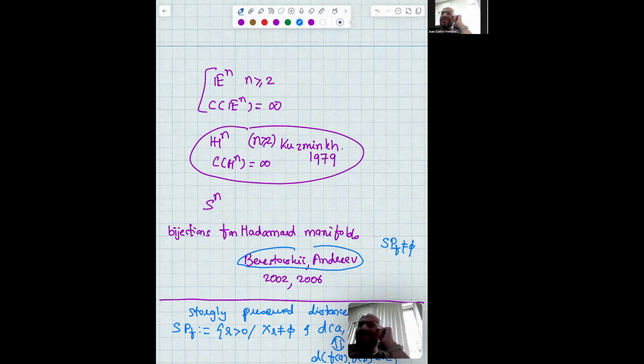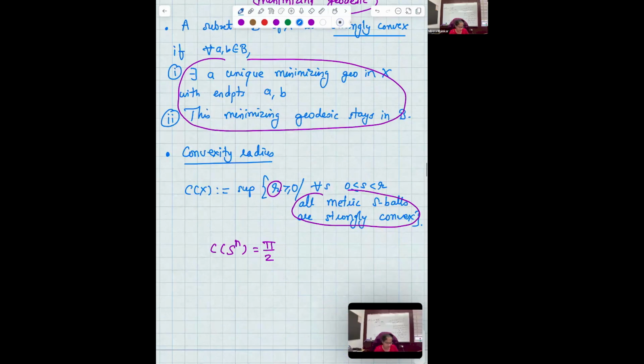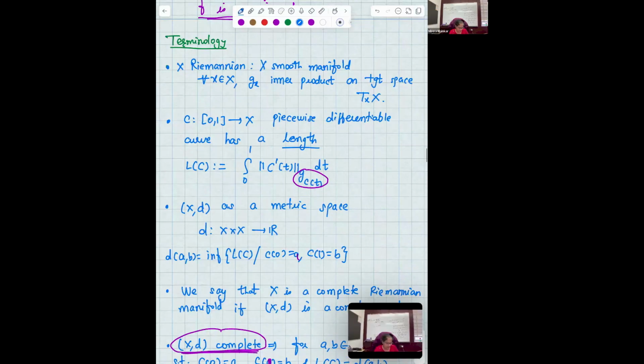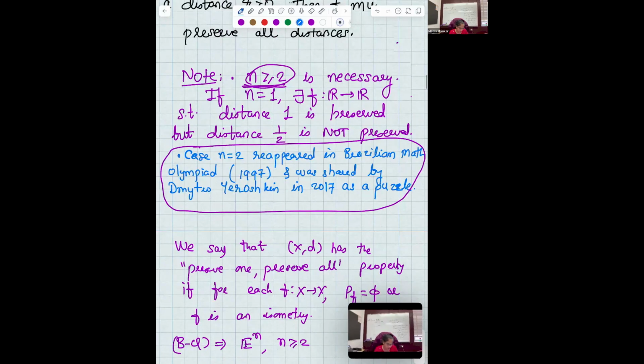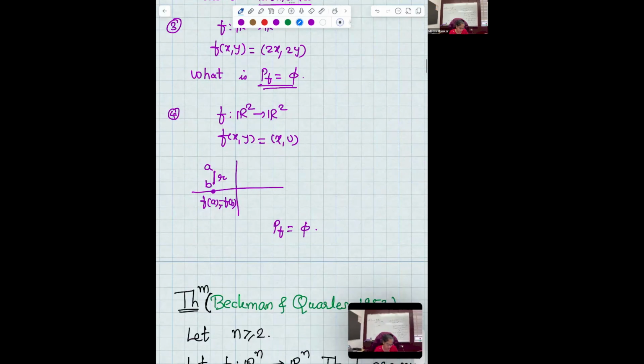I have a question. Not that strong a question, but are there more examples of general metric spaces which do not have this preserving property? Definitely, I think I know that in our conjecture that we have shown... just a second.